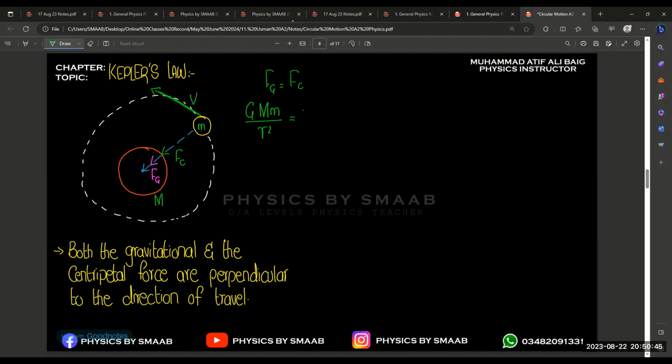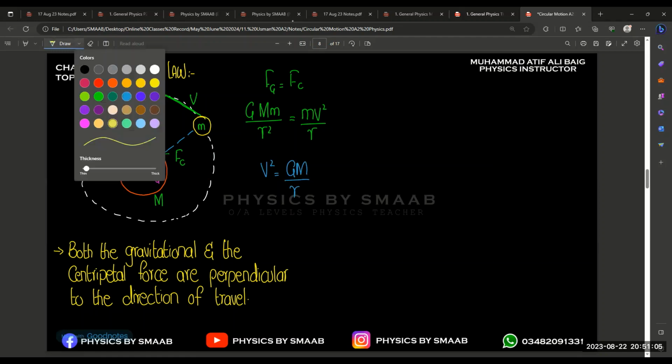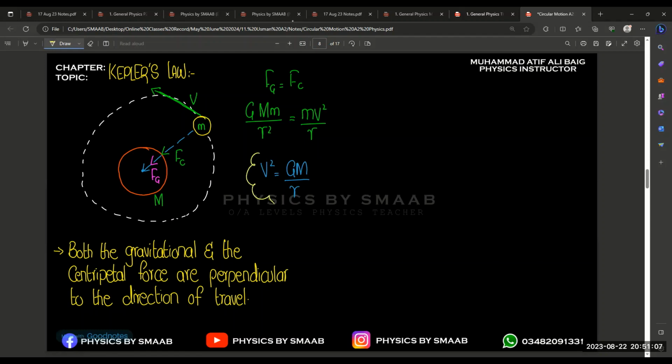We know that one r cancels out because r is on both sides when we cross multiply, and small m will also cancel out. So finally we will get v square equals GM over r. So you can see that this is the value for v.